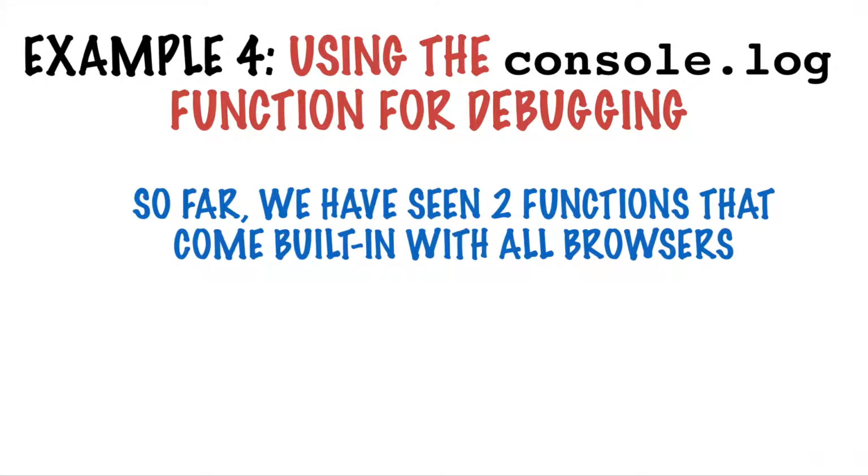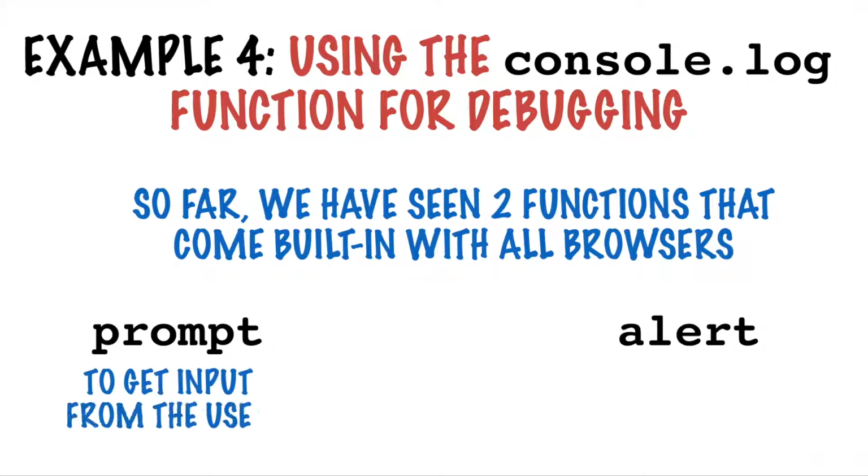So far we've seen two functions that come built in with all browsers. These are two functions which we've used in examples earlier, and they are the prompt function, and the second one was the alert function. The prompt function was primarily used to get input from the user.